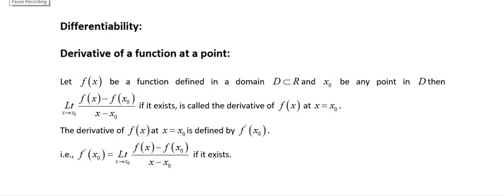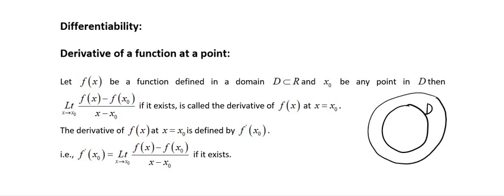Now, we move on to a new concept, that is differentiability. Now we are going to define the derivative of a function at a point. This is the definition. Let f of x be a function defined in a domain D, a subset of the real number system.